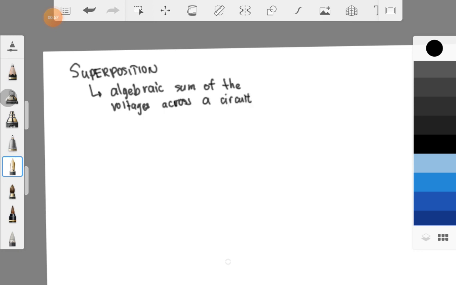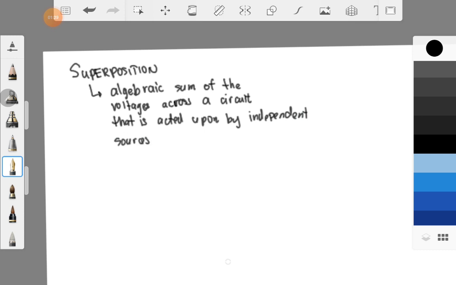That is, take note, that is acquired or acted upon by independent voltage or current sources.